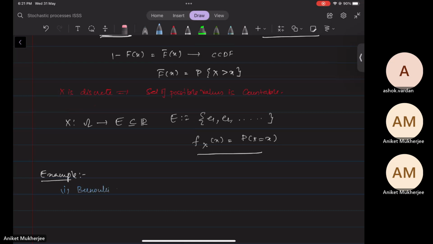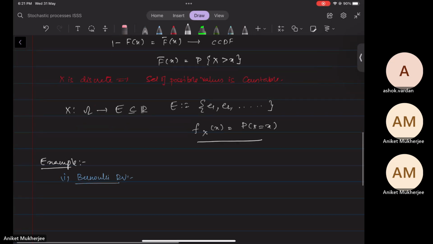First we have the Bernoulli random variable. In the Bernoulli random variable, the set that you're interested in maps to is 0 and 1.